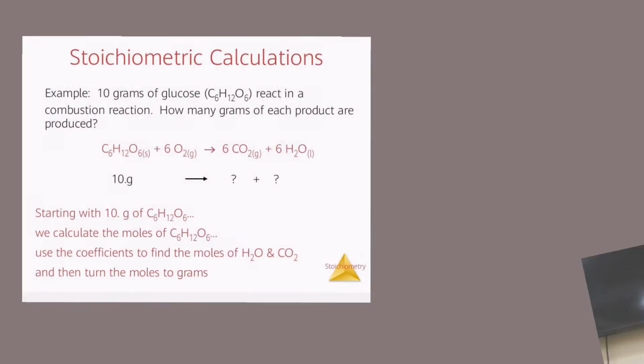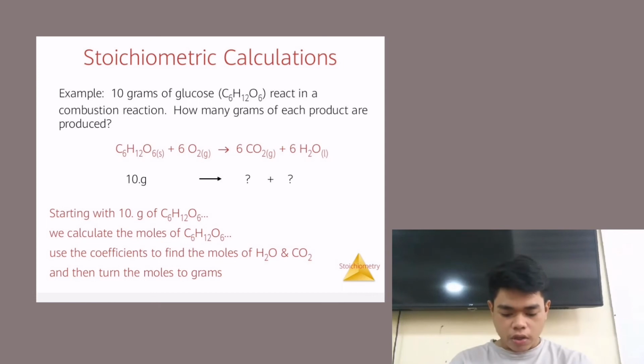Stoichiometry calculation. Starting with 10 grams of the reactant, we can calculate the moles, use the coefficients to find the moles of the other reactants and products, and return to grams.